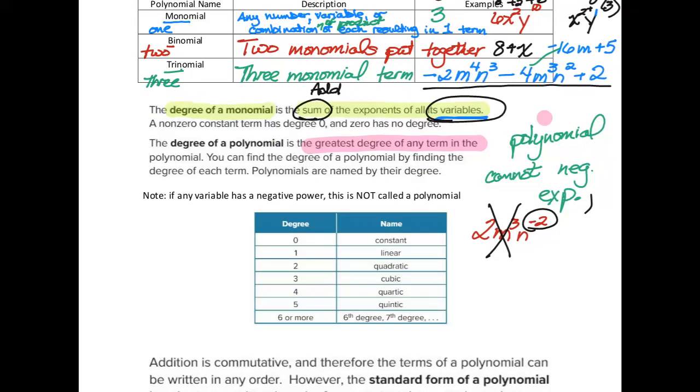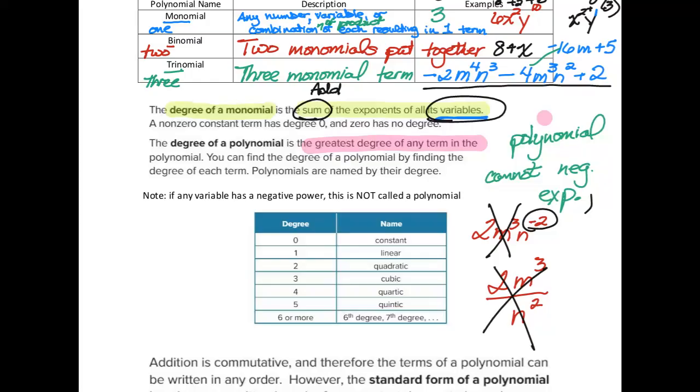Okay, so if we change that and made it so we didn't have a negative exponent, it would be 2m to the third all divided by n to the second, which, if we can't have a negative exponent, will not work either.